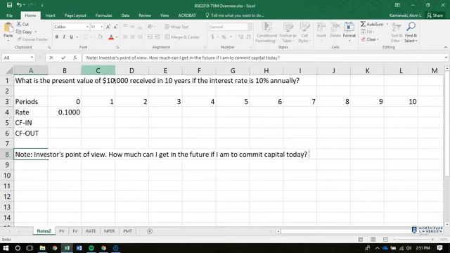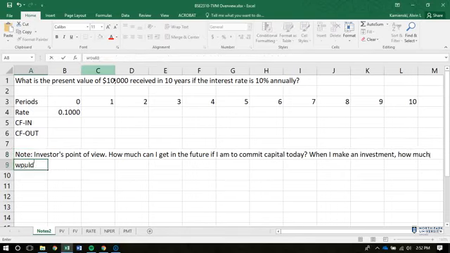And what we're really asking then is, when I make an investment, how much would I need to give as a cash flow out in period 0?